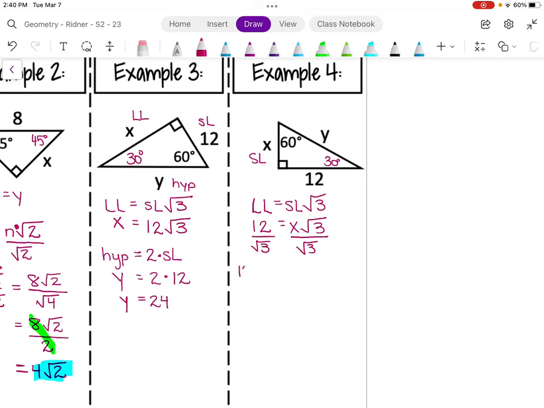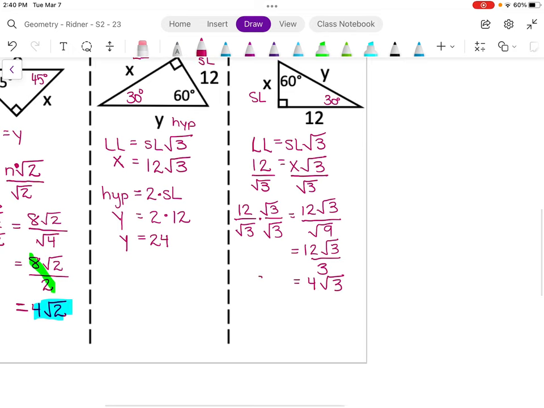Which we don't like that in the denominator. So we're going to multiply the top and the bottom by square root of 3. And the square root of 9 is 3. And 12 divided by 3 is 4. Hoo-wee, that was long. So I have now figured out that the short leg is 4 square root of 3, which is x.